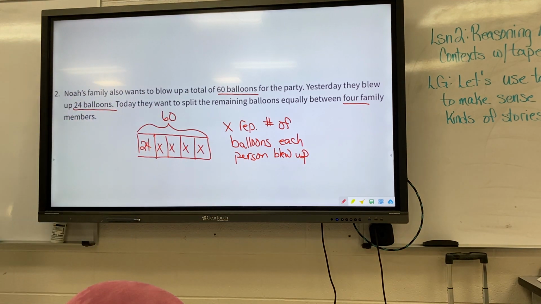Okay? Does the tape diagram make sense to you? You see how it's different than the previous one? Okay? All right, let's reason our way through this. What do you think we're going to do first to figure out what X equals? 60 minus 24.